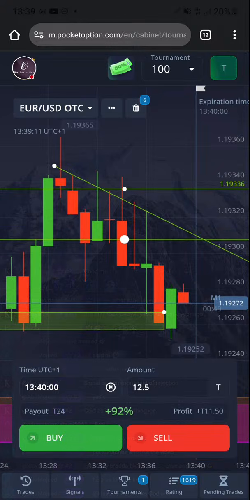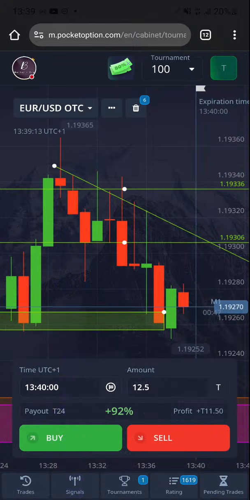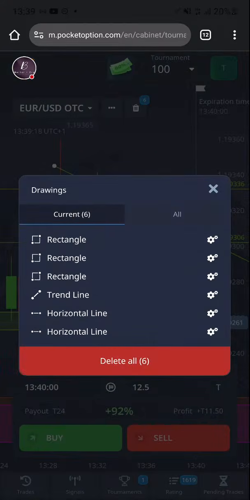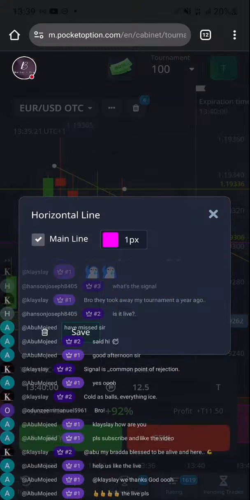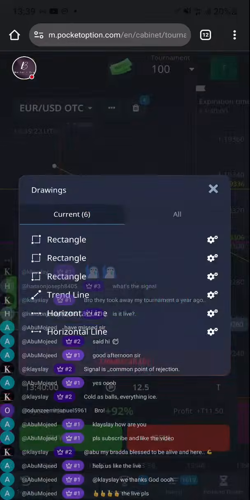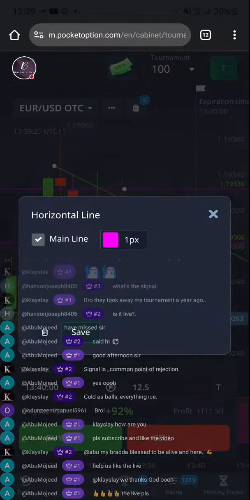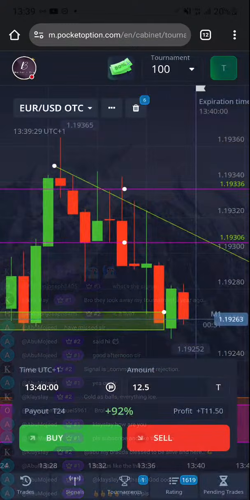Then also we have a doji break here. Even though that doji break isn't all that, I'll just mark it so that we can keep an eye on it. Let's keep an eye on it.